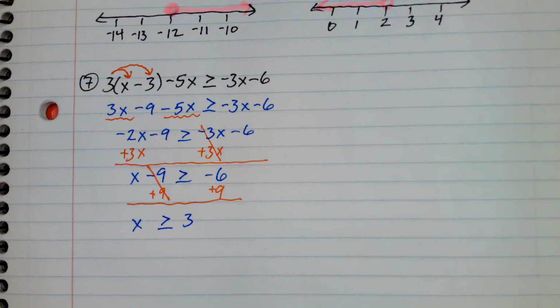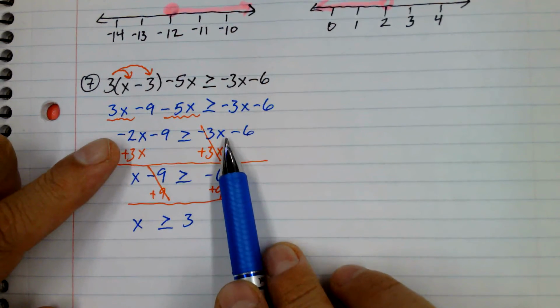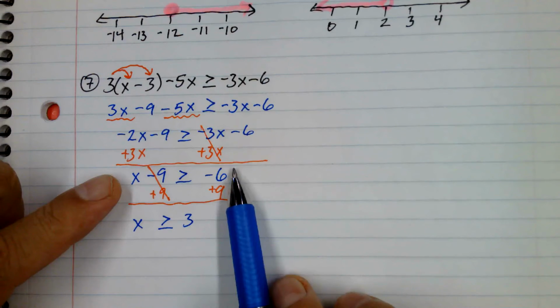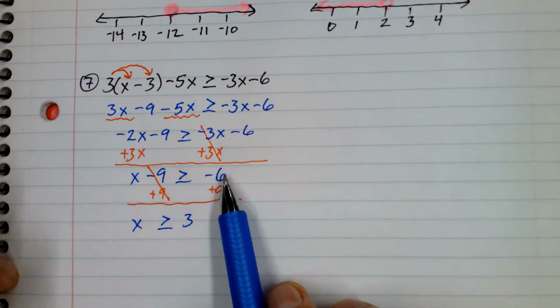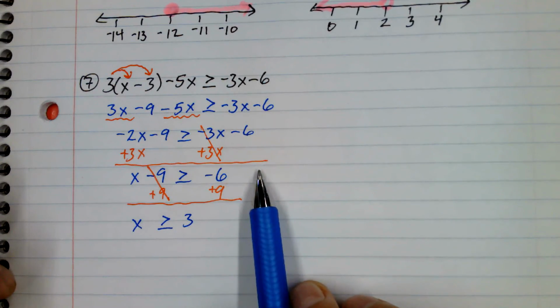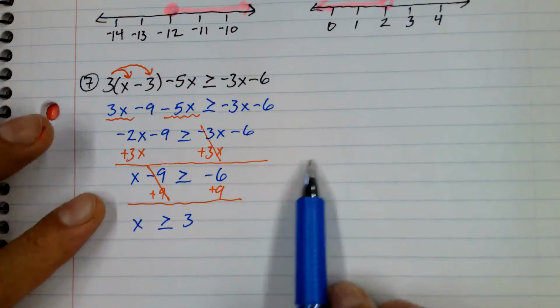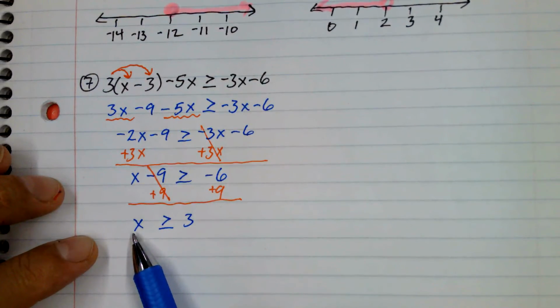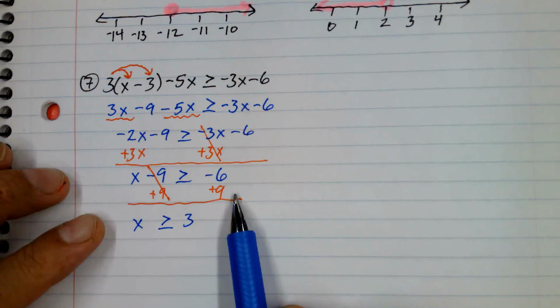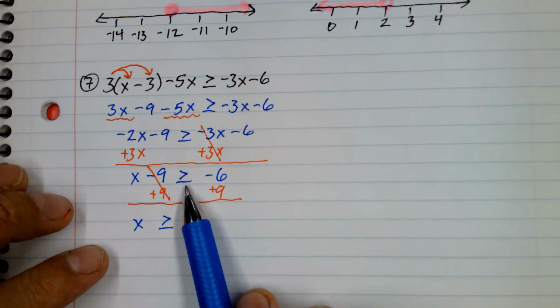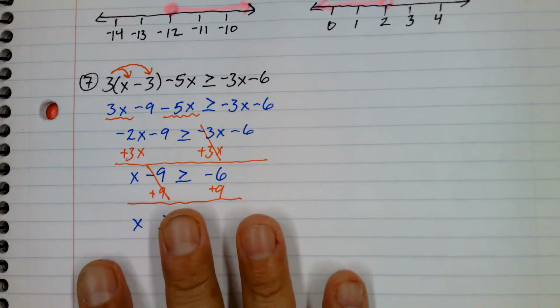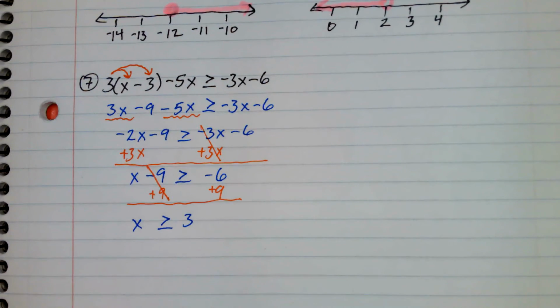Had we gone the other route at this point, I would have had negative 9 is greater than or equal to negative 1x minus 6. Then I would have added 6, but then I would have to divide by negative 1, so that would cause this inequality to flip, but then the variable would have been on the wrong side, so it would have flipped the whole inequality.